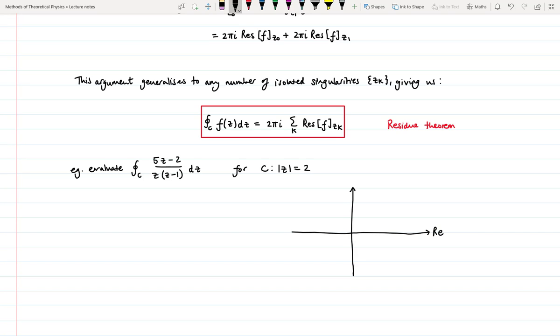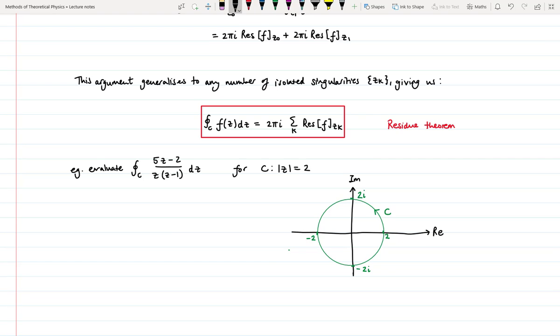We have real and imaginary. And let's draw our integration contour. Here's our integration contour C traversed in the anti-clockwise sense. The points here are 2i, minus 2i, 2 and minus 2.